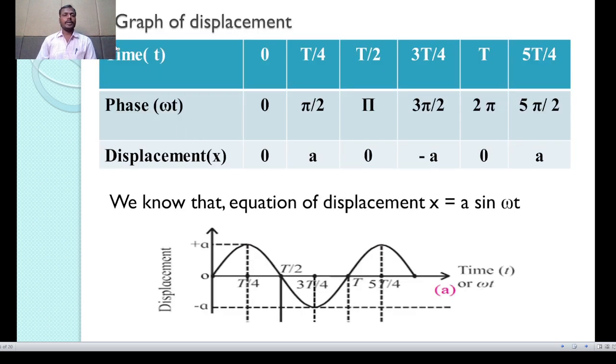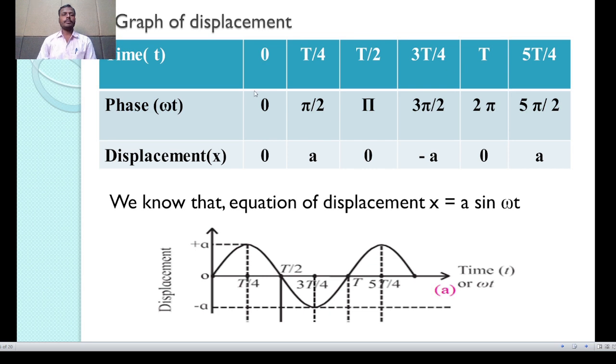Now the first point is the graph of displacement. Consider the time initially 0, then T/4, where capital T means periodic time, then T/2, 3T/4 and T.